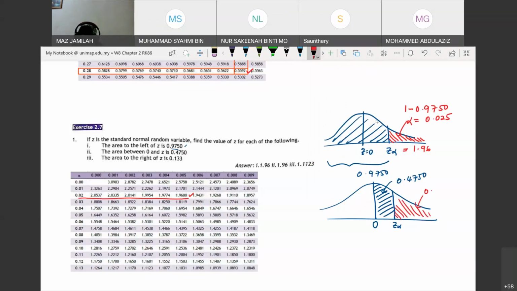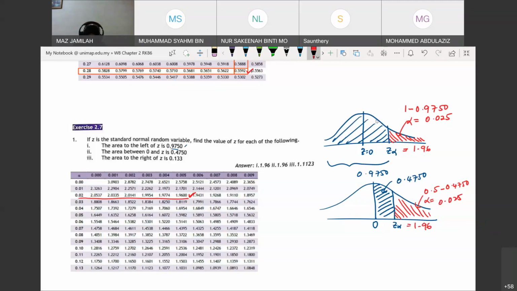So 0.5 minus 0.4750, your alpha is given by 0.025. So again, your Z alpha is 1.96 positive.